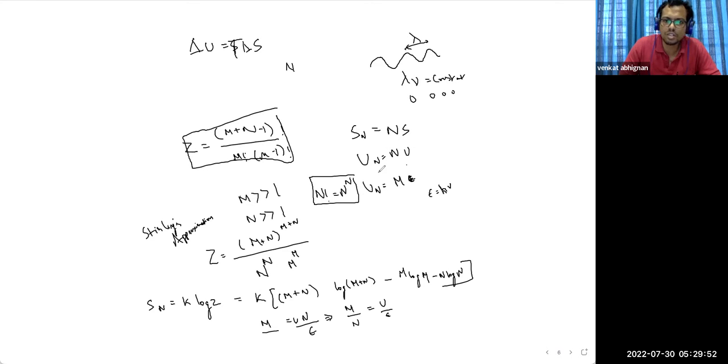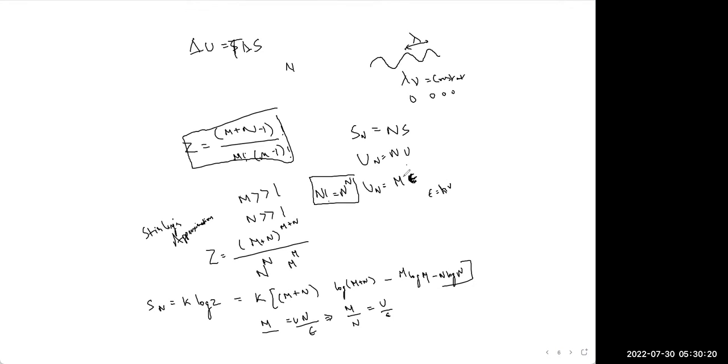From the oscillator picture, you get the energy in some energy levels, which are M, and it is discrete, epsilon. That is why we are able to write U_N is m times epsilon, and M will be the maximum energy in these different energy levels.